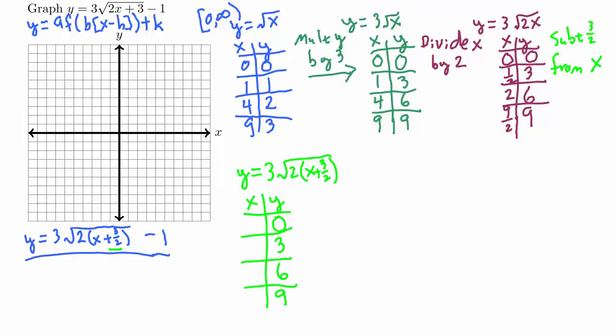So 0 minus 3/2 is negative 3/2. 1/2 minus 3/2 is negative 2/2, which is negative 1. 2 minus 3/2 is the same thing as 4/2 minus 3/2, which is 1/2. And 9/2 minus 3/2, well, 9 minus 3 is 6, so that gives me 6/2. But that's the same thing as 3.